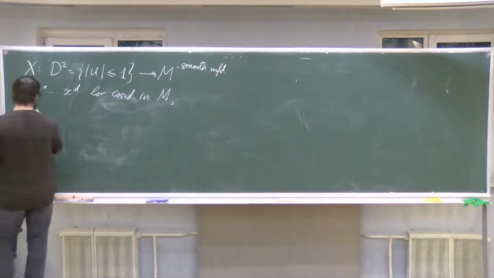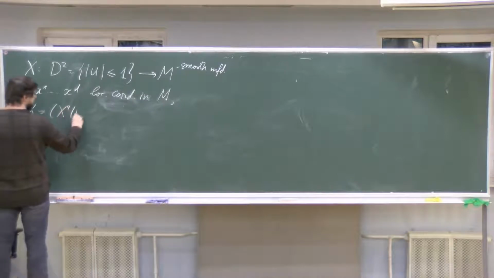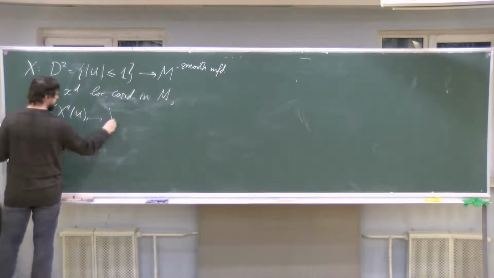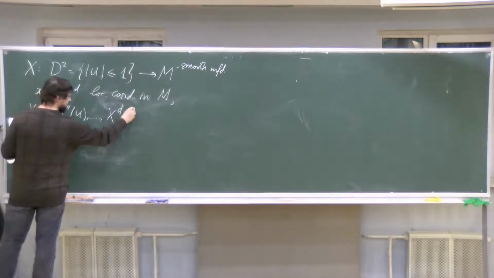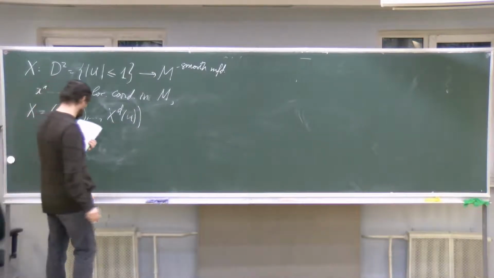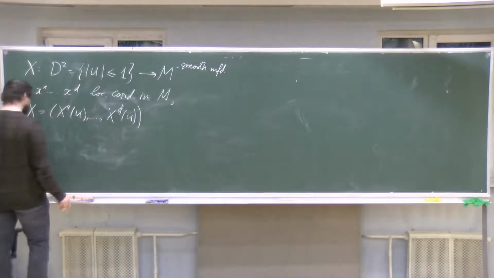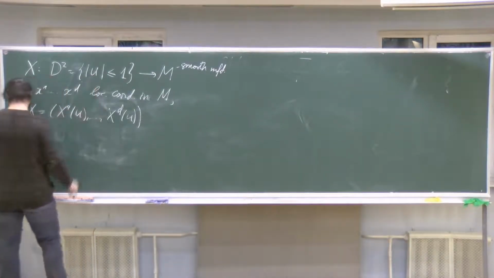then you can regard X as just (x1(u), ..., xd(u)). So you write it like this. Of course, this is only local. So let X be a map like this with these coordinates, where u is a point in the disk.